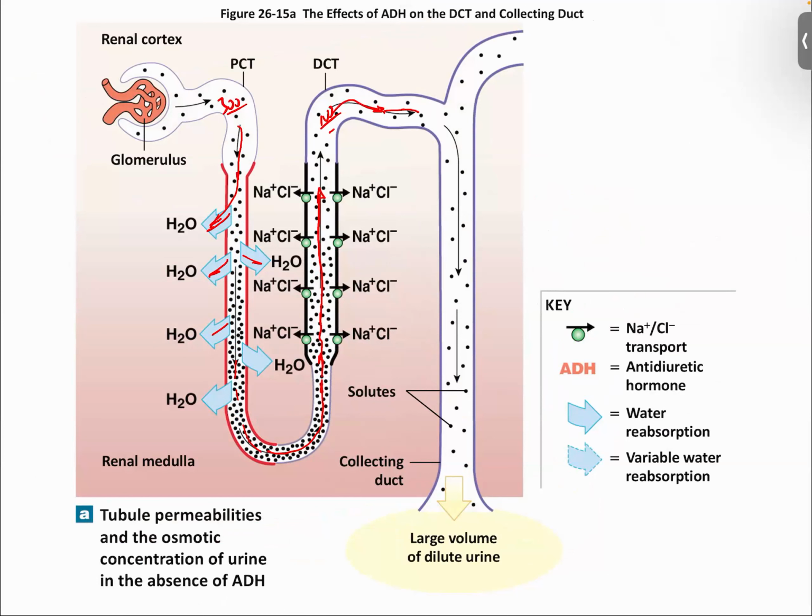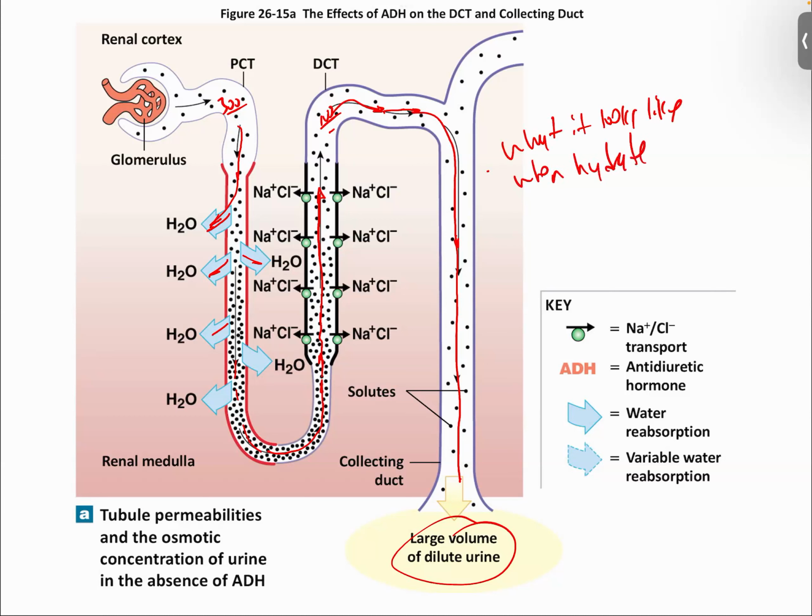And then you go down your collecting duct, which generally speaking is not permeable to water. It just goes all the way through your collecting duct. So you have large amounts of dilute urine. Okay, so this is a situation when you're well hydrated.